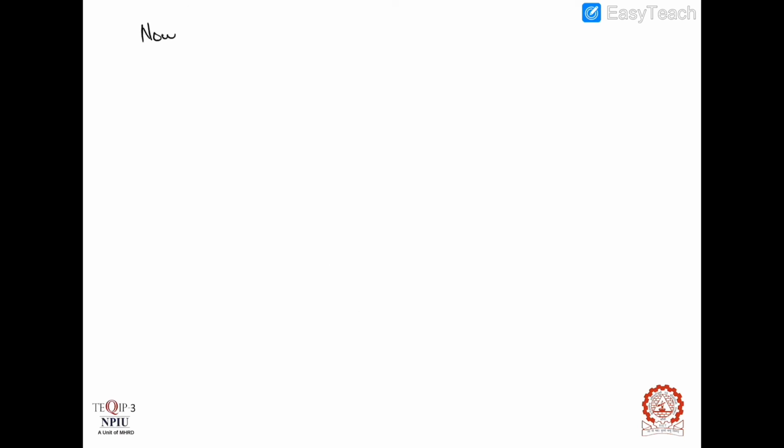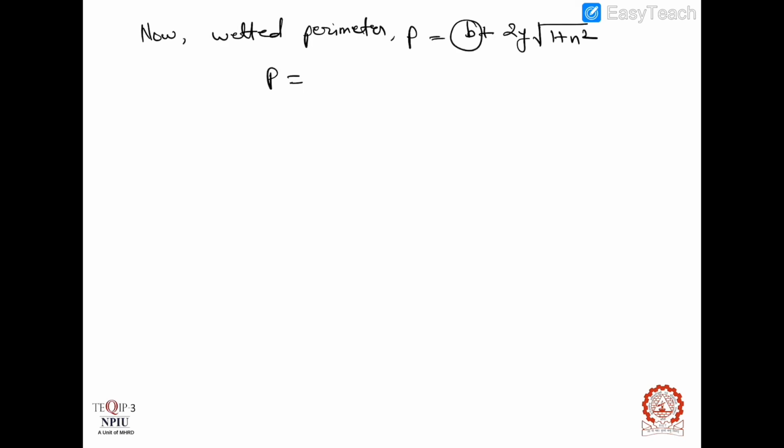Now the wetted perimeter P is equal to b plus 2y root over 1 plus n square. Substitute the value of b, that is 2y by root 3, plus 2y root over 1 plus 1 by root 3 whole square.